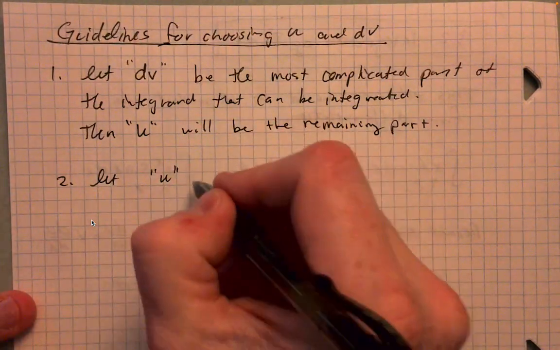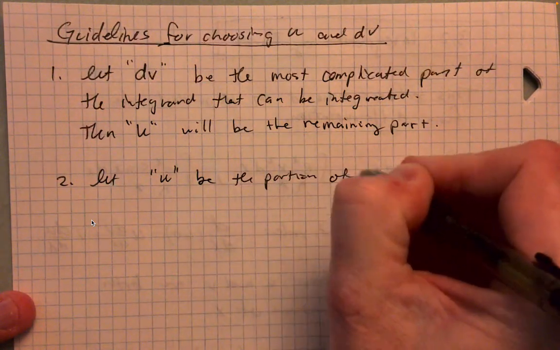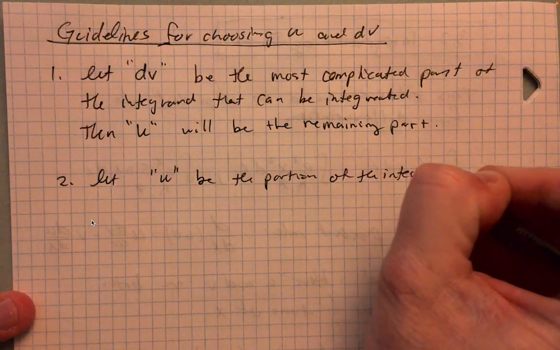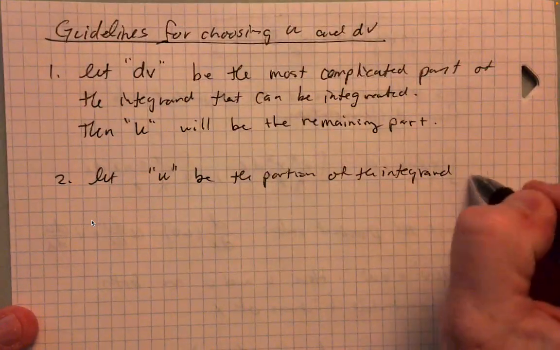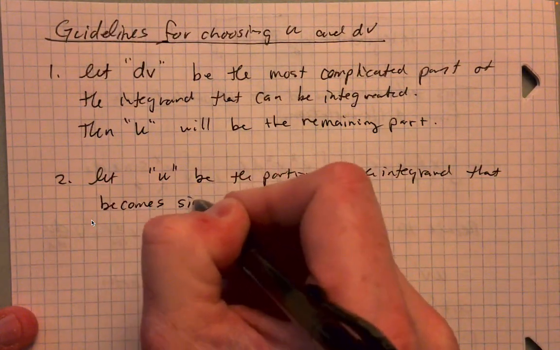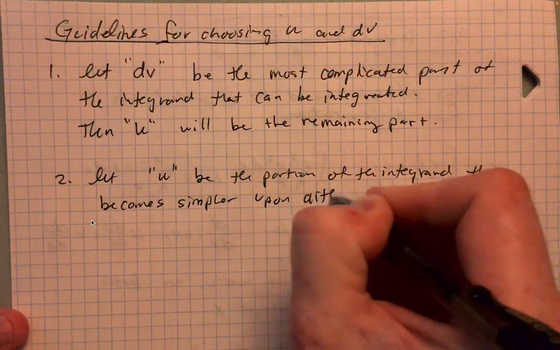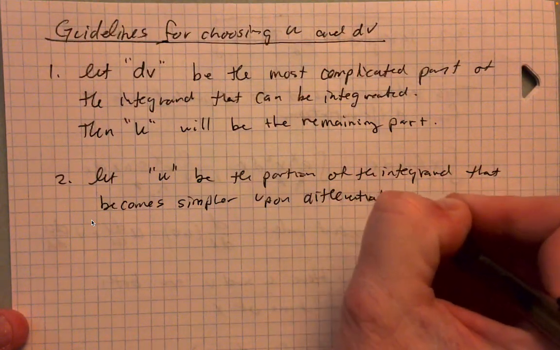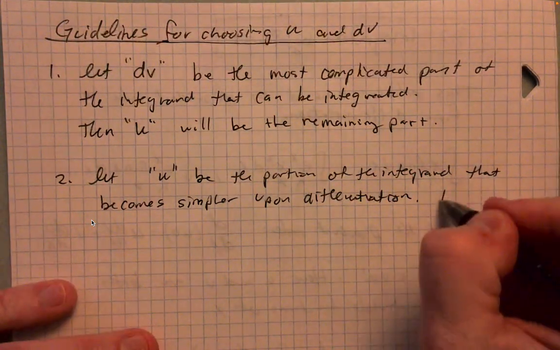Let u be the portion of the integrand, probably a better way to say it would be let u be the portion of the integrand that becomes simpler upon differentiation. Okay, and then of course dv will be the remaining part.